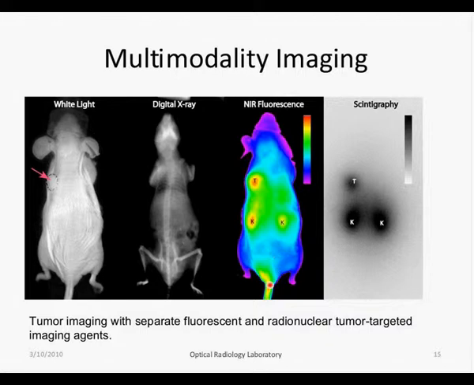With near-infrared fluorescence of this imaging agent, which was injected by the tail vein, you can see that the whole body of the mouse is fluorescent at this time point, and that this agent is clearing through the kidneys and has accumulated within this tumor as well in a receptor-specific mechanism. Scintigraphy with a completely separate radionuclear imaging agent, this is NGM-111, shows the mouse signal from the radionuclear agent using the scintigraphy pad, the same pad that was used to take the digital X-ray.